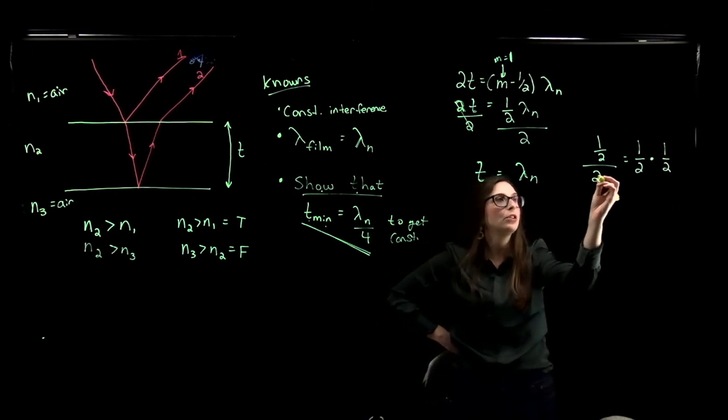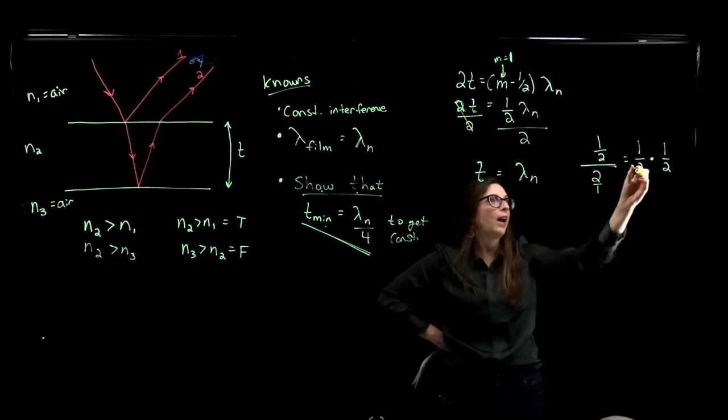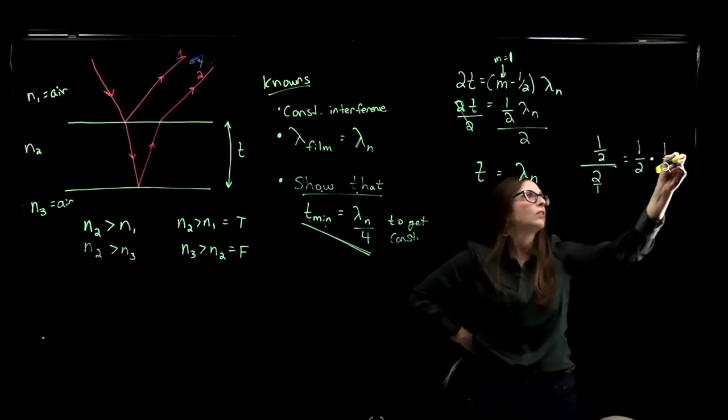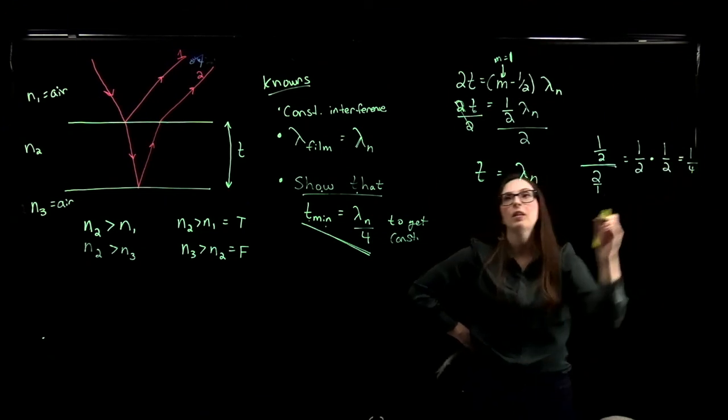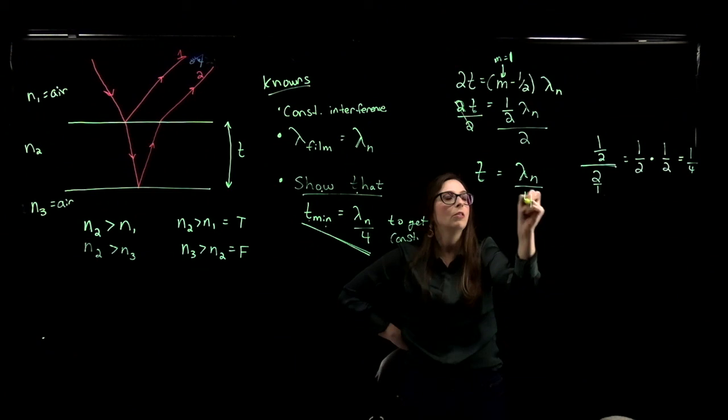So you could always write 2 as 2 over 1. So 1/2 divided by 2 is equal to 1/2 times 1/2, and that's 1/4. So t is equal to lambda n over 4.